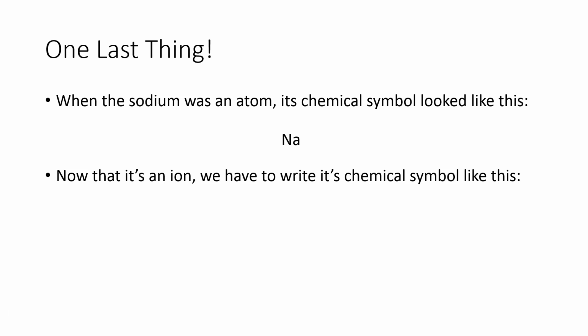So we have to write its chemical symbol like this. That's a capital N, a lowercase a, and then in a superscript up above the line, crowded nice and close to the a, is a positive sign to show that this sodium particle is an ion that has a positive charge. That means that there is one extra proton compared to the electrons.